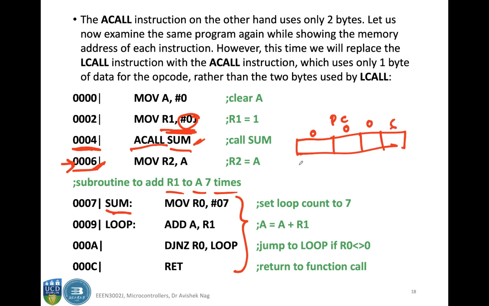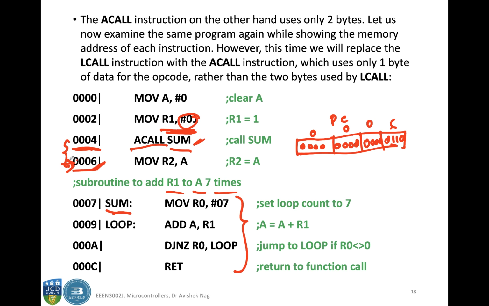If you break this into 4 bits, this is 0, 0, 0, 0, 0, 0, 0, 0, 0, 0, and then 0, 1, 1, 0. These will be the 16 bits of your program counter after it has incremented 2 places.